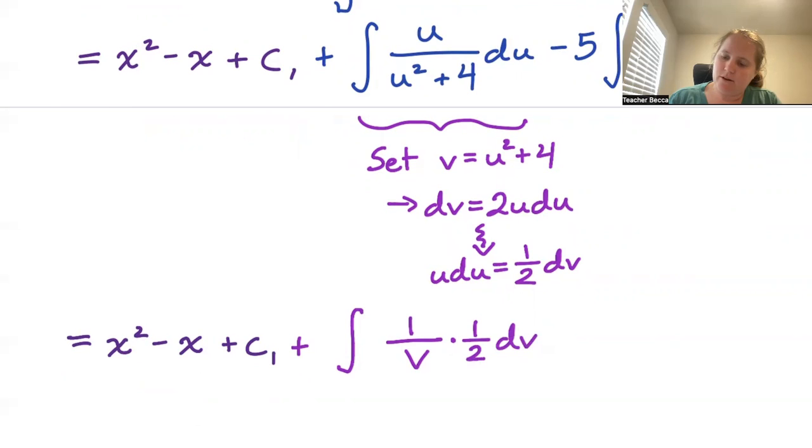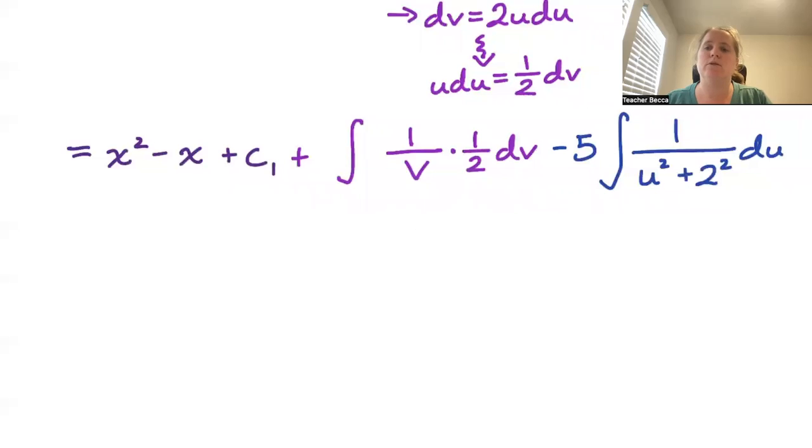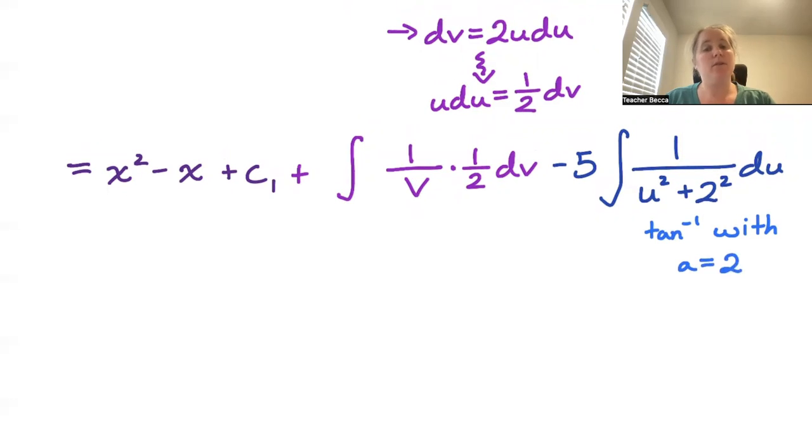Then we have minus 5 times the integral of 1 over u squared plus 2 squared du. This last integral is our perfect inverse tangent case with a equals 2. So we know that integral. Our middle integral, of course, is a natural log. So at this point, we know all of our integrals.